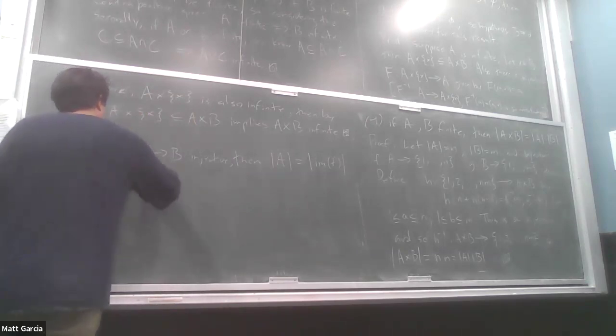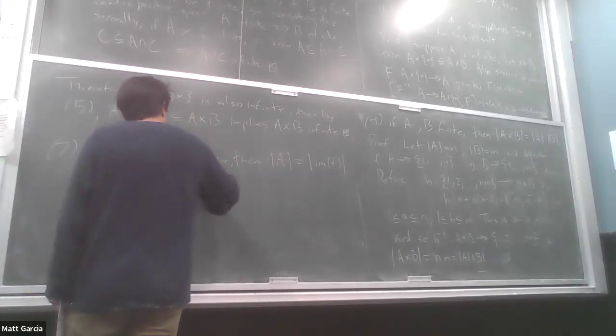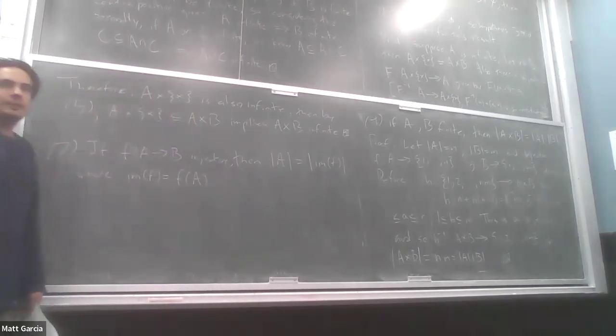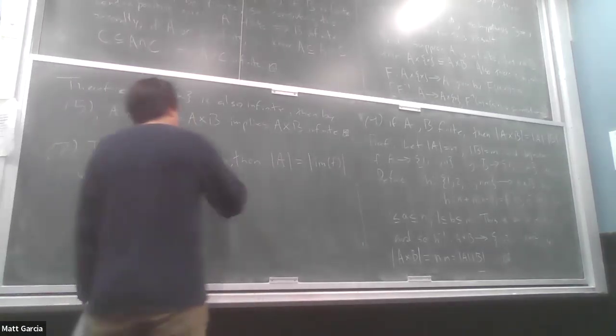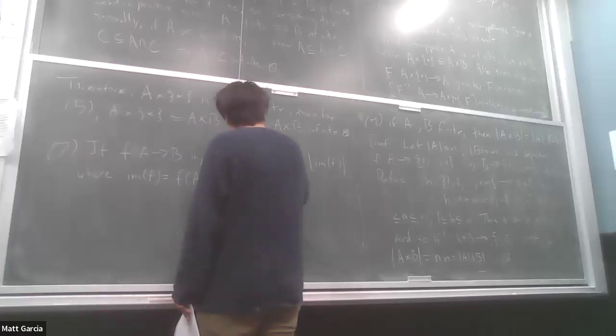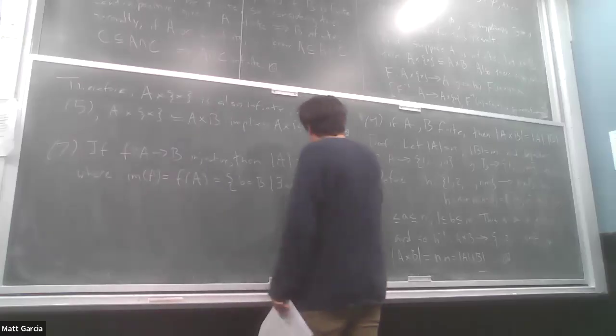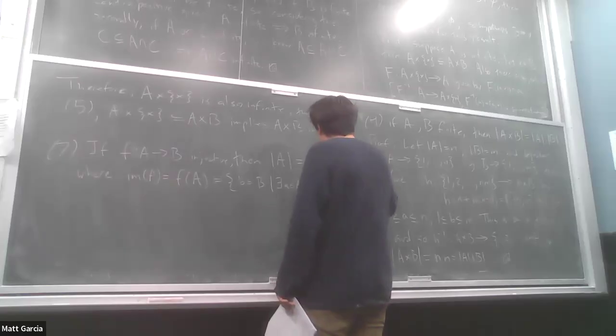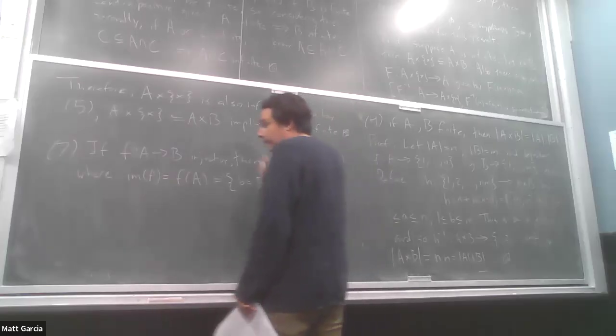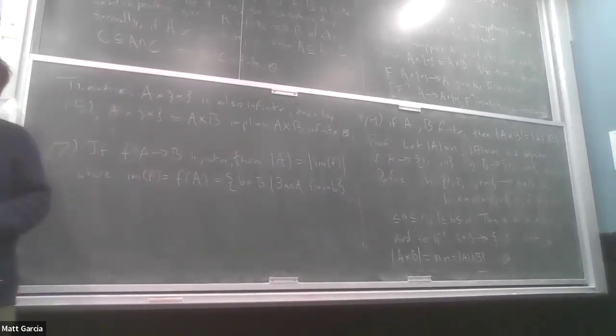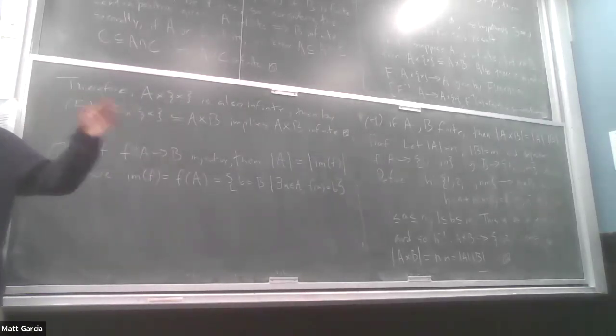The image of A, another way to write this is F of the set A. This is the collection of all elements b in B such that there exists an a in A with F of little a equal to b. It's just the set of all elements of the codomain that are actually realized when we take all values of the function.